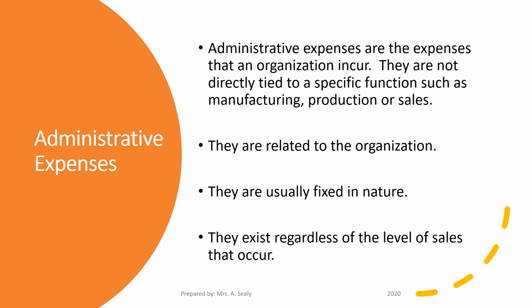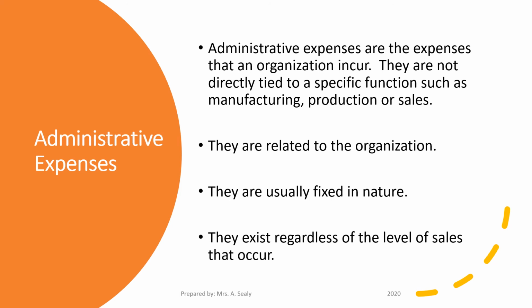So it doesn't matter how much sales revenue the company earns in a particular year. They have to pay their office staff X amount in salaries and wages. It doesn't matter how much they earn in sales for a particular year.